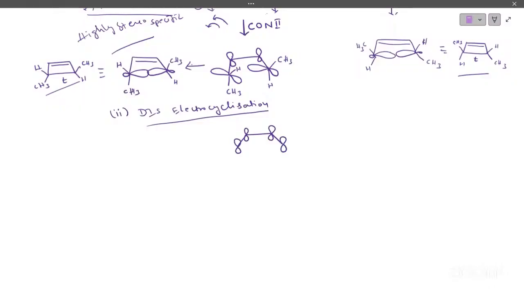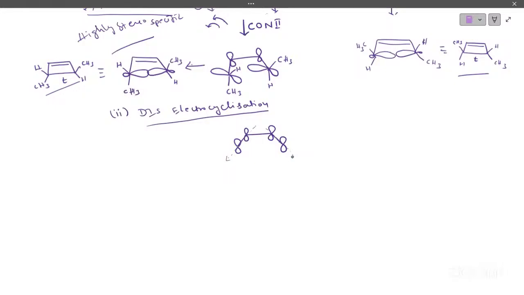These are the p orbitals. When you take that, this is the CC bond axis. This is the CC bond axis again between C4 and C3. It is the CC bond axis between C1 and C2.